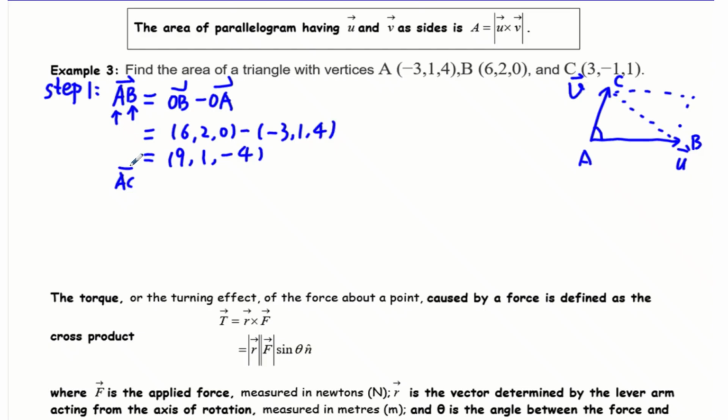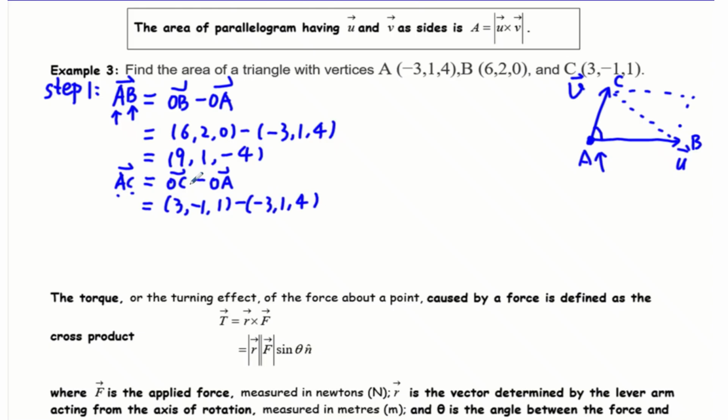Here, be careful. We need to stay with one vertex. So if AB, then another one is AC. These are the adjacent vectors. So this one will be OC minus OA. Always the second letter minus the first letter. So OC is 3, negative 1, 1, minus negative 3, 1, 4.